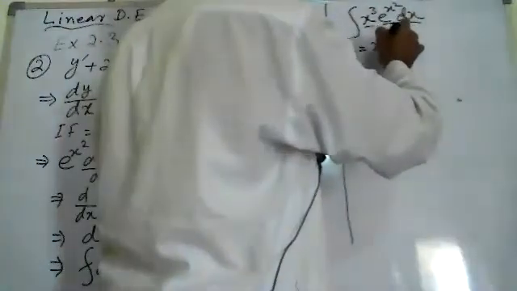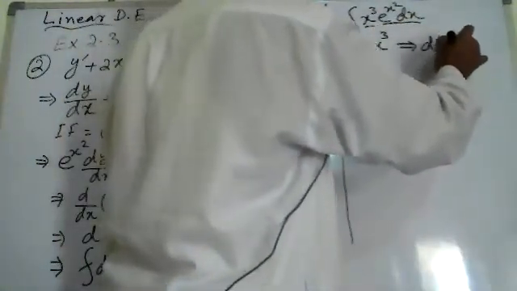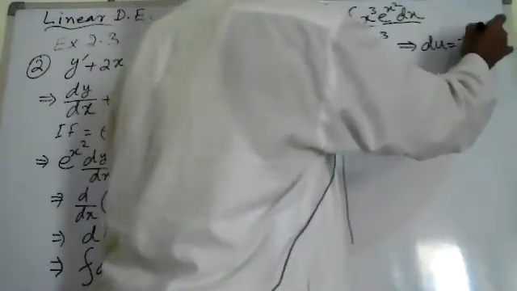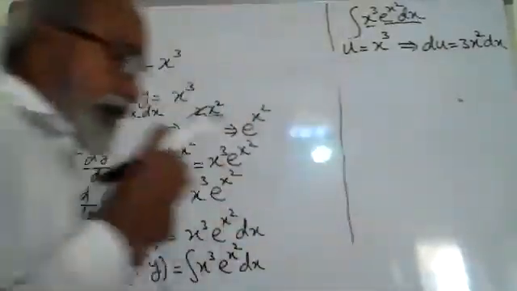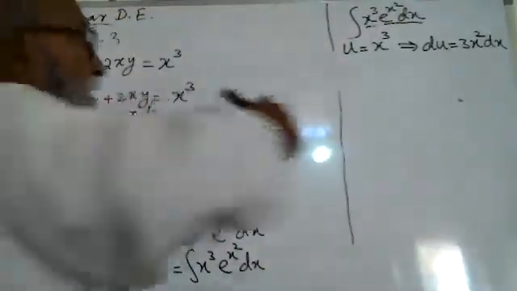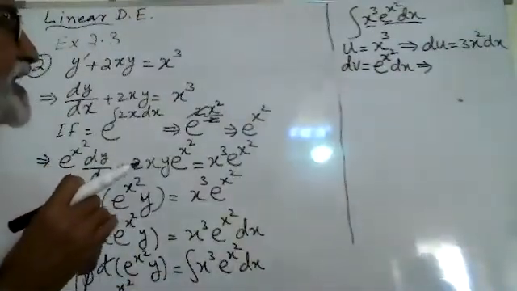Then x cube will be equal to u. Then du will become 3x square dx, and this will be taken as dv, e raised to power x square dx.